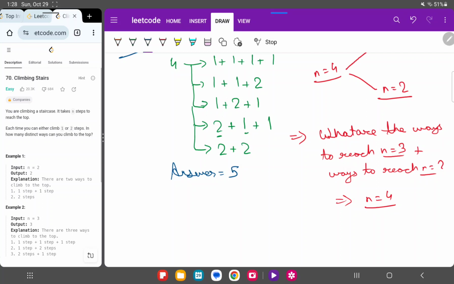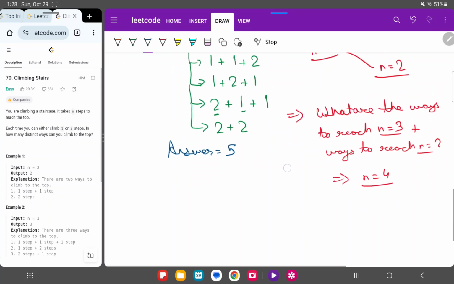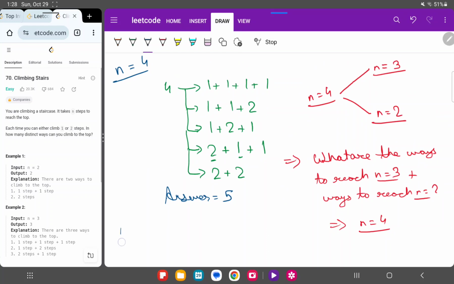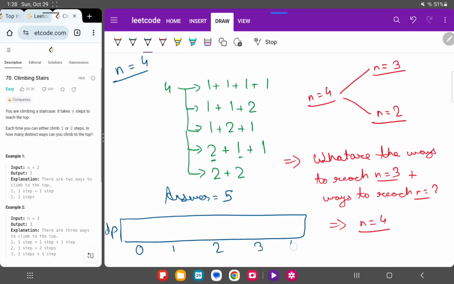So let's understand this in array representation. Suppose this is the DP array that we have: DP 0 staircase, 1st, 2nd, 3rd and 4th. Filling in the values for base cases, which is obvious, and for n equals 3 we computed it in our previous case, which was 3. Now for n equals 4, what are the ways to reach n equals 3?